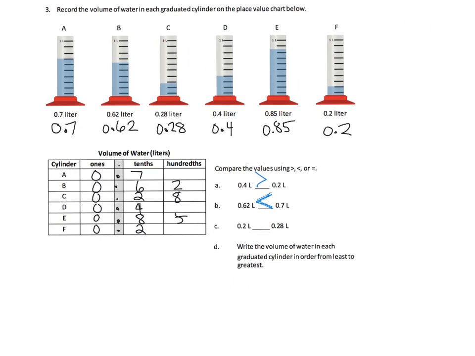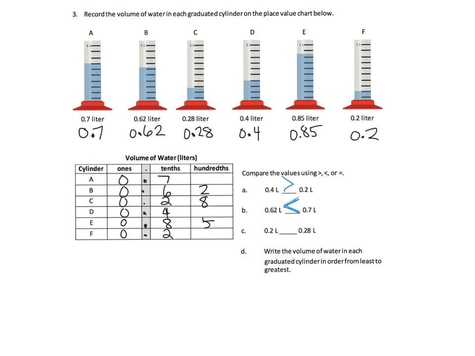Now, ultimately, we want to sort, and we're going to sort these from least to greatest. So let's look just at the tenths place, and we have a 0.28 and a 0.2. Now, which one is less?